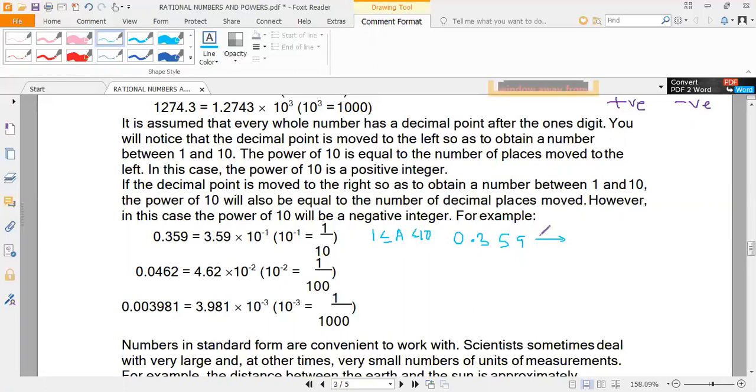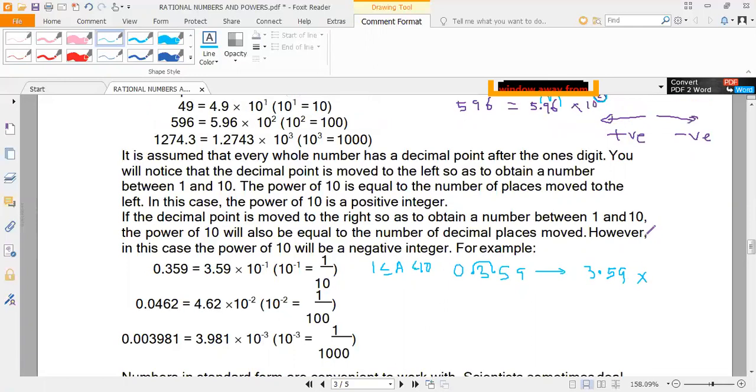Meaning that we have to leave a 3, so we move the decimal point forward from there up to here. So this will be 3.59. Since the decimal point has moved forward, the power becomes negative, and it has moved 1 step. So it will be times 10 to the power negative 1.